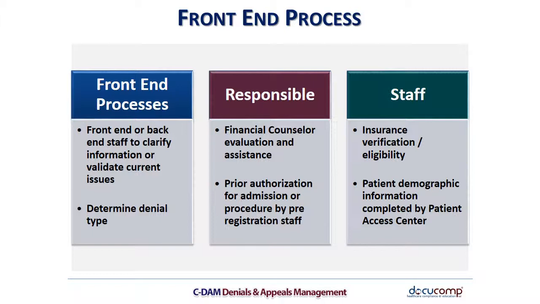This information is necessary to continue a smooth revenue cycle process so that continued denials can be avoided. The front-end or back-end staff can clarify information and validate concurrent issues to determine the types of denials that an organization is receiving and provide that information to the appropriate staff so that the collection of the patient demographic data can be executed effectively at the beginning of the revenue cycle.